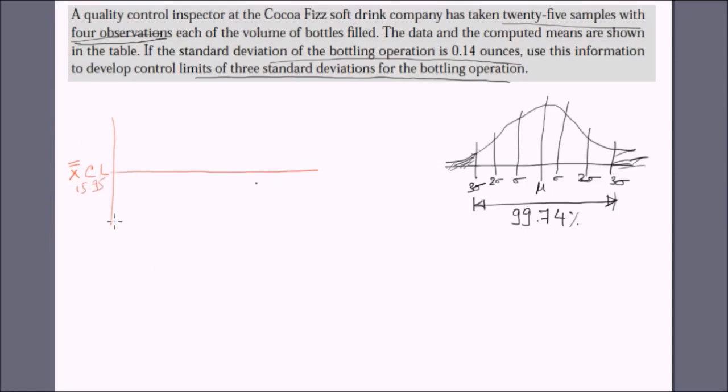Then we have the upper and the lower limits. The upper limit we call the upper control limit, and we have the lower control limit.